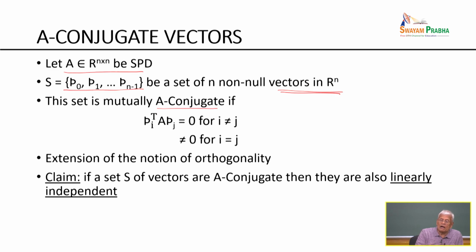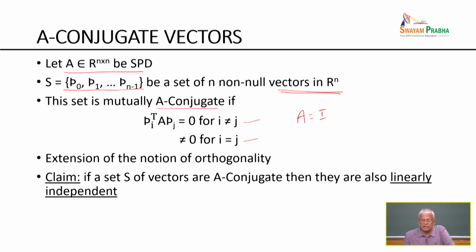This notion of conjugacy is an extension of the notion of orthogonality. So, a set of vectors S is said to be A conjugate if p_i transpose A p_j is 0 for i not equal to j, and is not equal to 0 when i is equal to j. So, if I assume A is equal to identity, this definition is exactly the definition of orthogonality.